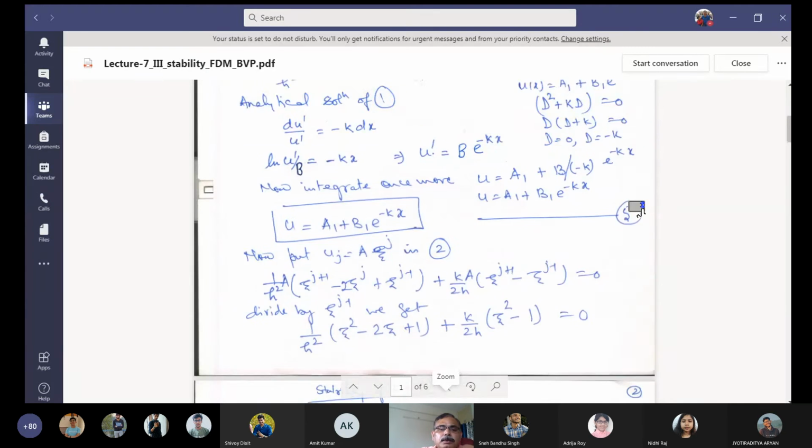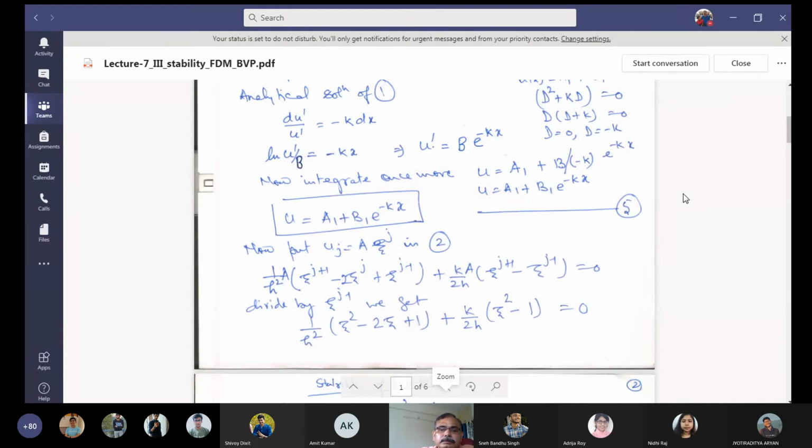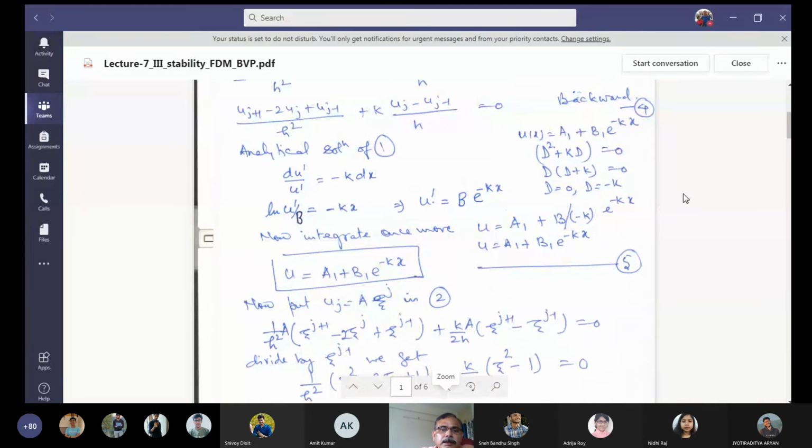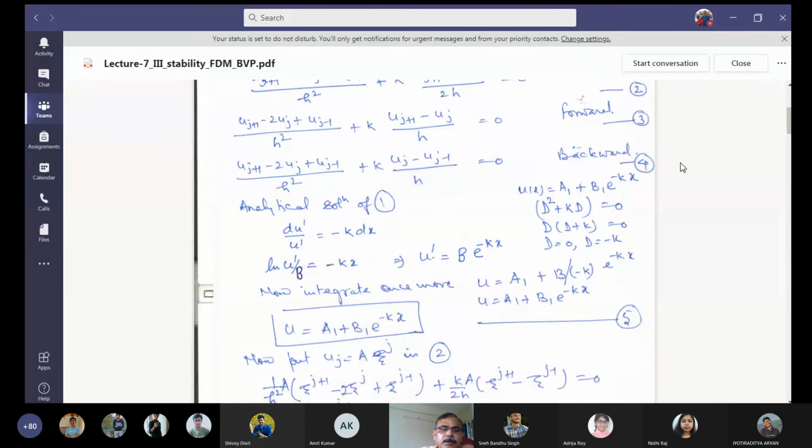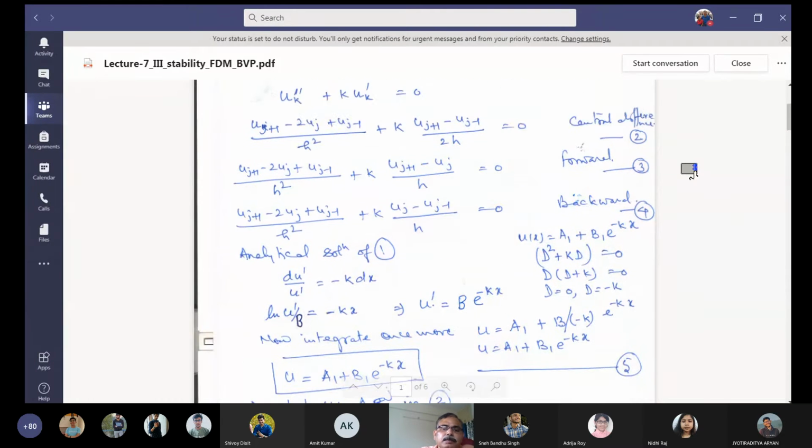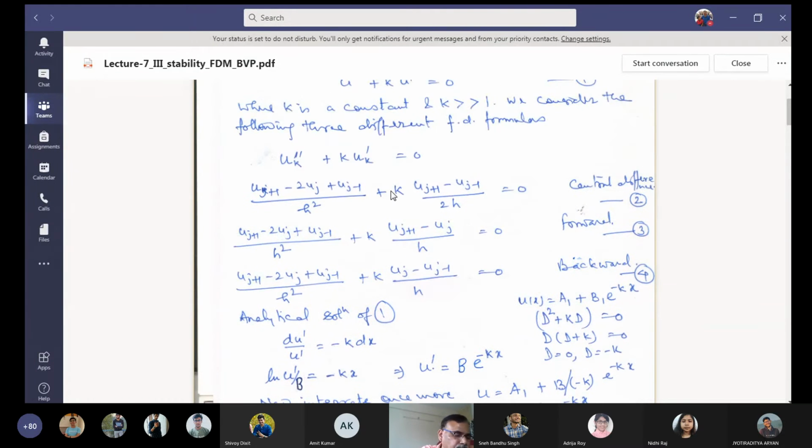So once we put into 2, we will get that, put uj equal to a into xi to power j. Yes, sir. Simplify that.